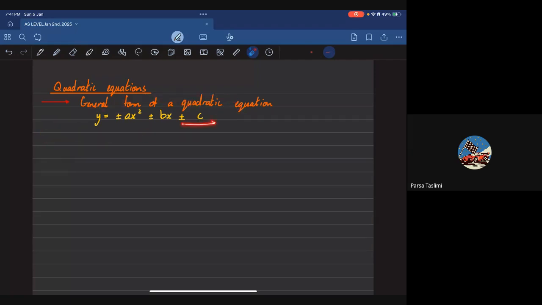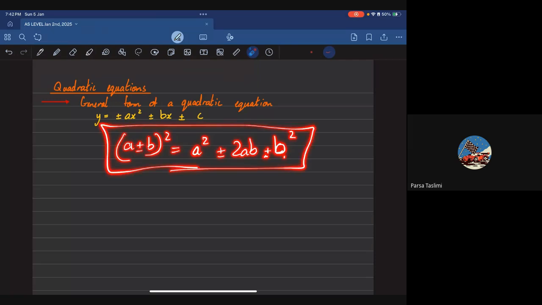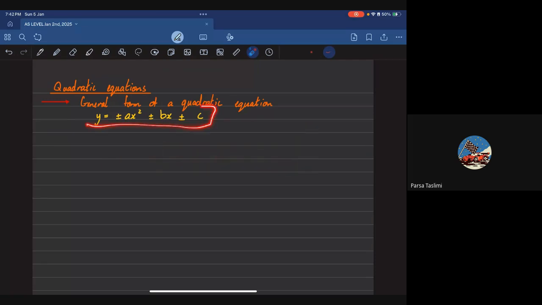I think you're deriving it from this: A plus minus B whole squared. That is factorization of any quadratic equation, where it's always plus B squared. Clear? That is different from the general form of the quadratic equation.